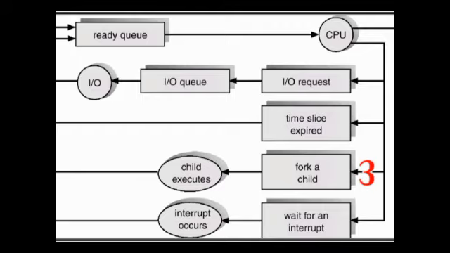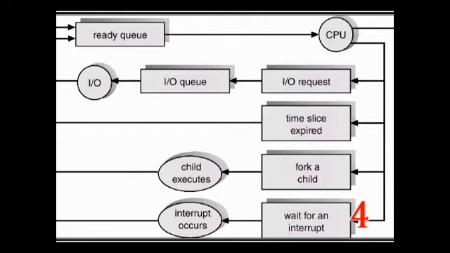Third event, fork a child: when the process creates a new child process and waits for the child's termination, the process will be brought again to the ready queue and wait to be executed on the CPU after the child process terminated.